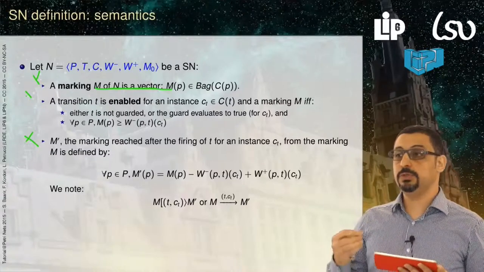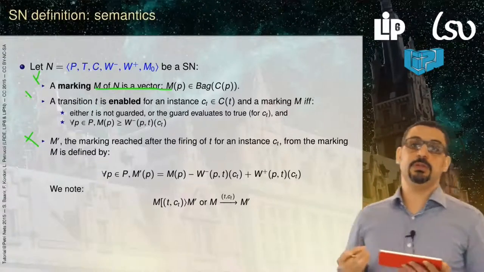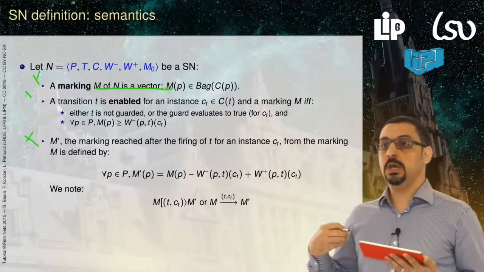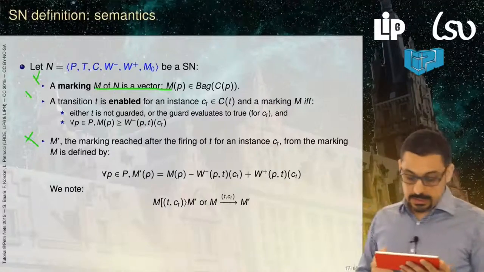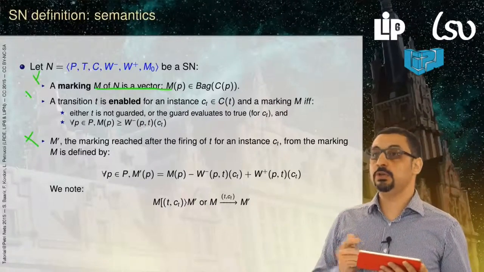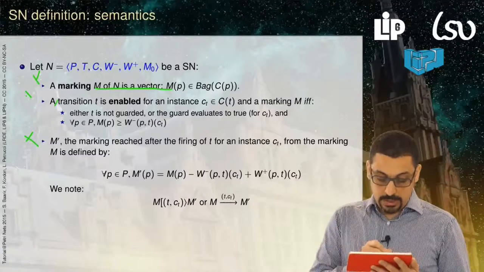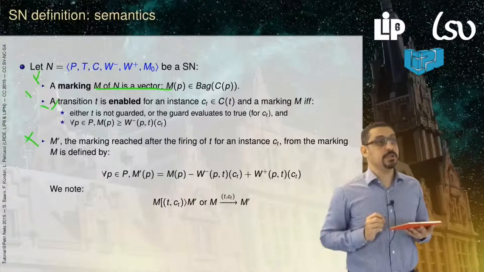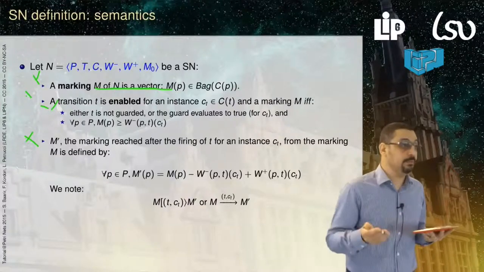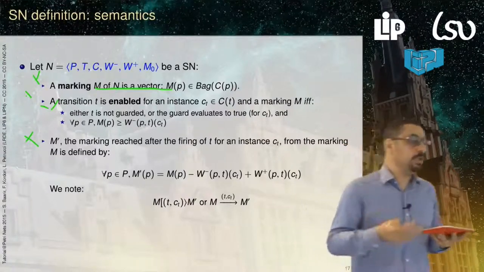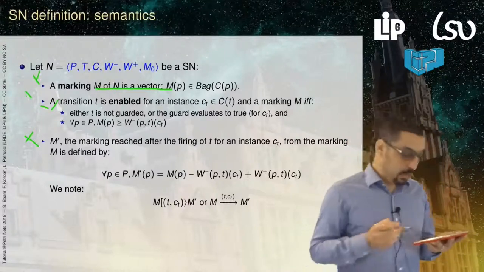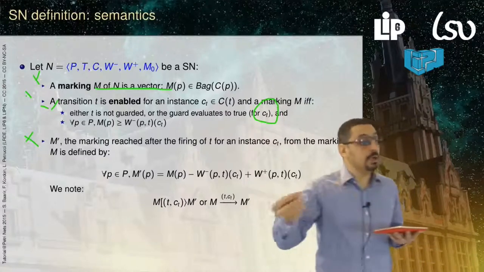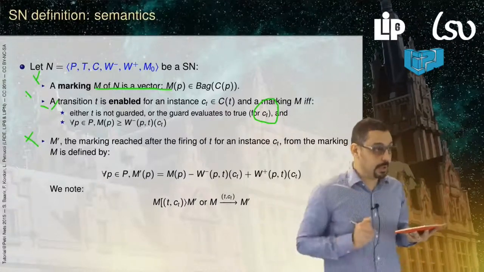Okay, this is the first point. If we want to treat the enabling of a transition, in the sense that it can be executed or used, we have to ensure two conditions. The first is that the guard associated to the transition, if any, must evaluate to true for the considered color CT. In many cases we don't have a guard, but if there is one, it must evaluate to true.